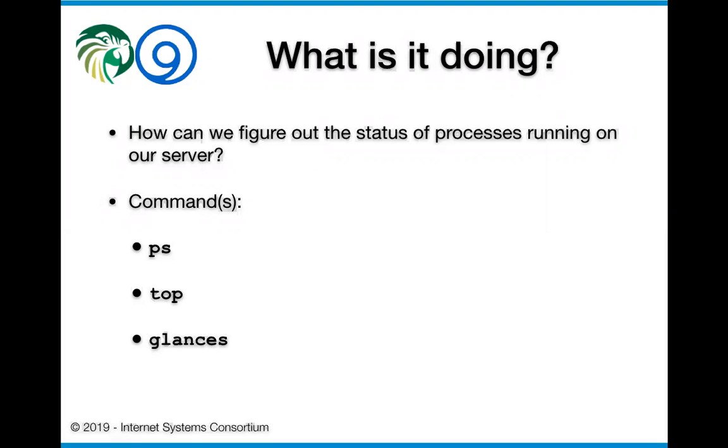But how do we go about finding the actual process that is running, and how can we find out more about that? Well, the commands that we're going to look at are ps, top, and then something that I found relatively recently, which is glances. And glances is kind of cool, but again, I hadn't run into it until relatively recently.